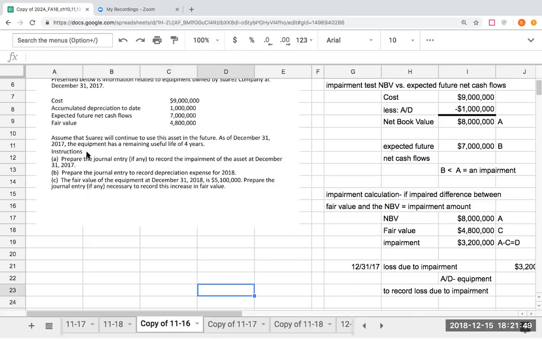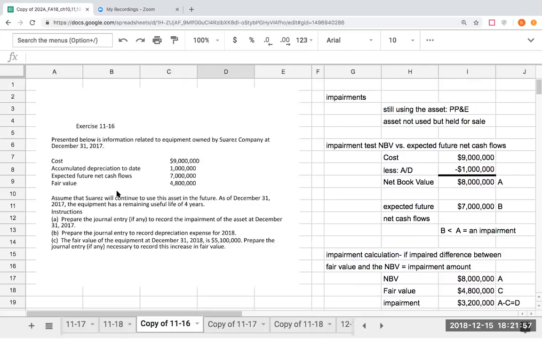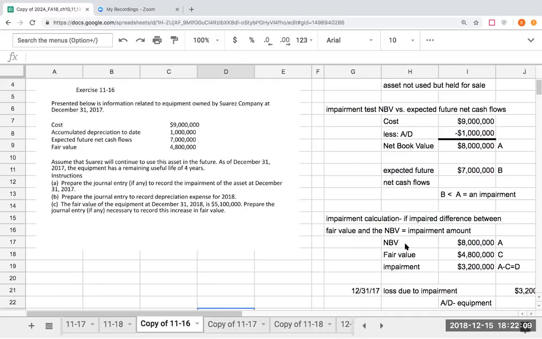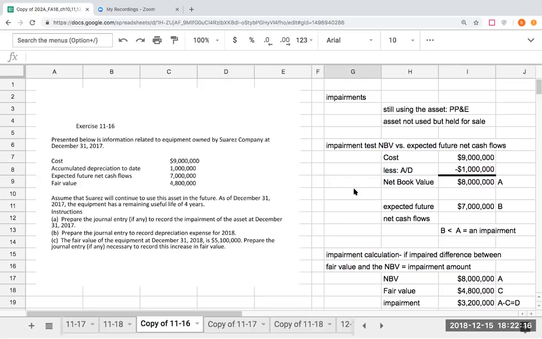The next thing we need to do is prepare the journal entry to record the depreciation expense for 2018. Here we're assuming a remaining useful life of 4 years. Because we're continuing to use the asset, we need to depreciate that asset.